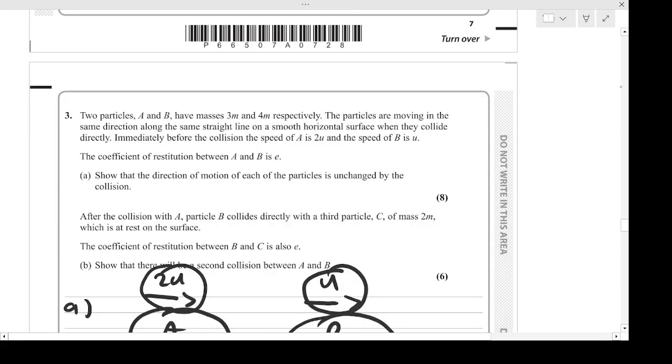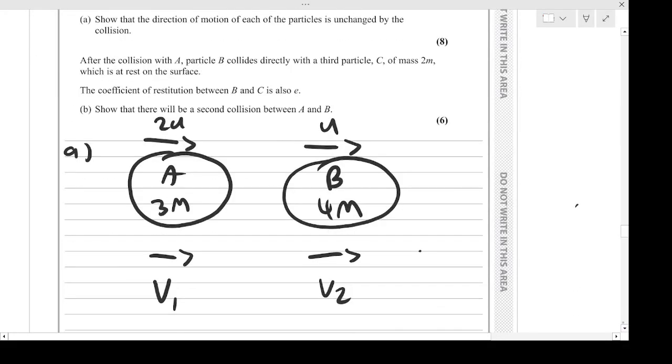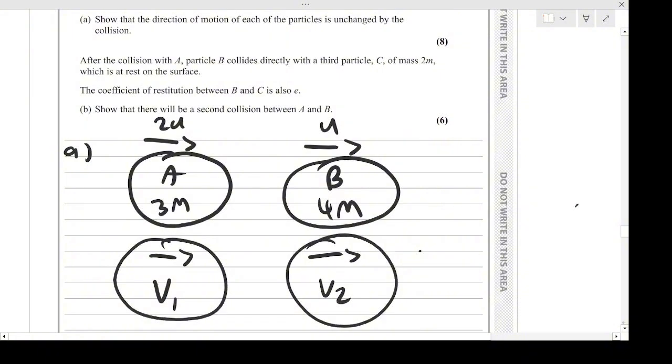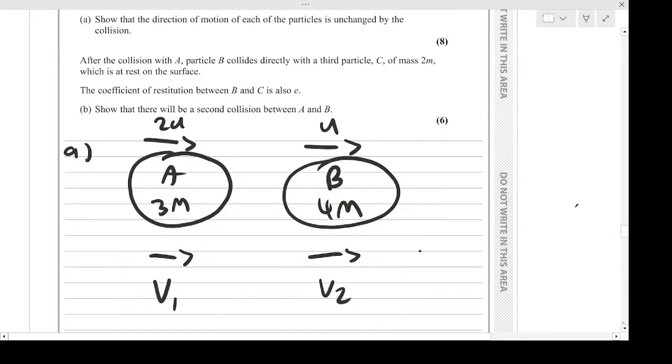So it says now show that the direction of motion of each of the particles is unchanged. So that's what we did, right? We assumed that v1 and v2 indeed continue both moving forwards, which matches their original direction. So if we want to show that their direction of motion, their velocities, are indeed not changed, these two numbers must be positive.